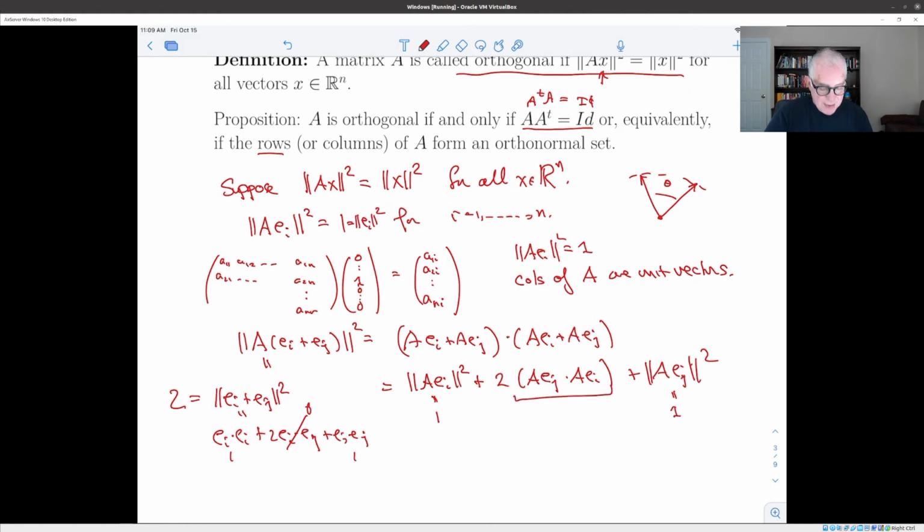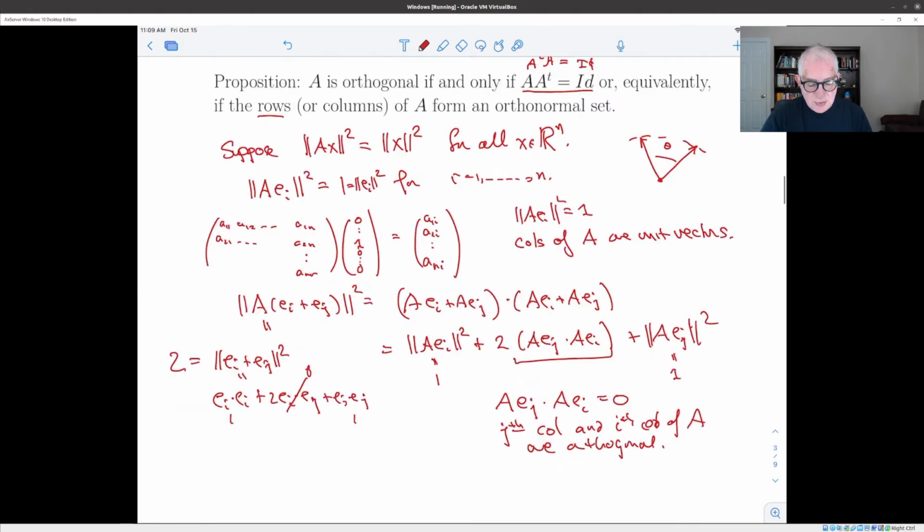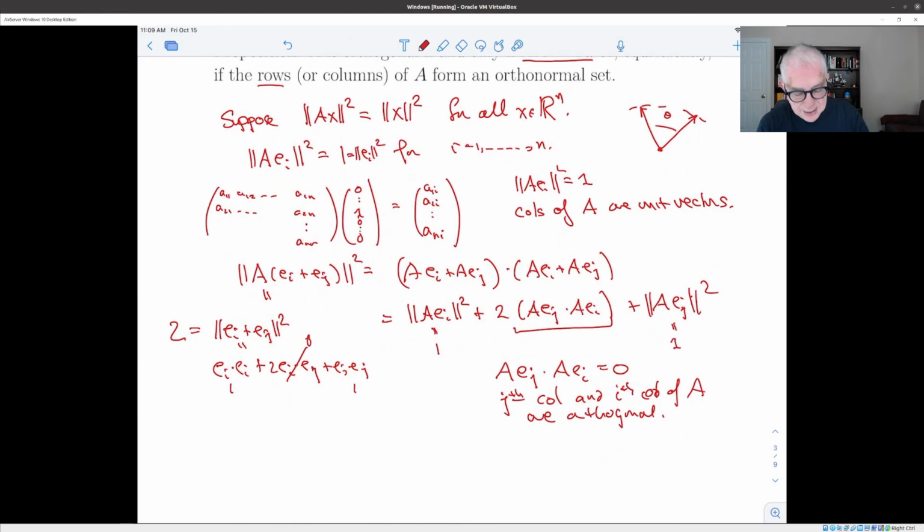So that middle term had better be 0. And we get that Aej dotted with Aei is 0. And that means that the jth column and the ith column of A are orthogonal. So if you put these two things together, we've shown that this property implies that the columns of A are orthonormal.